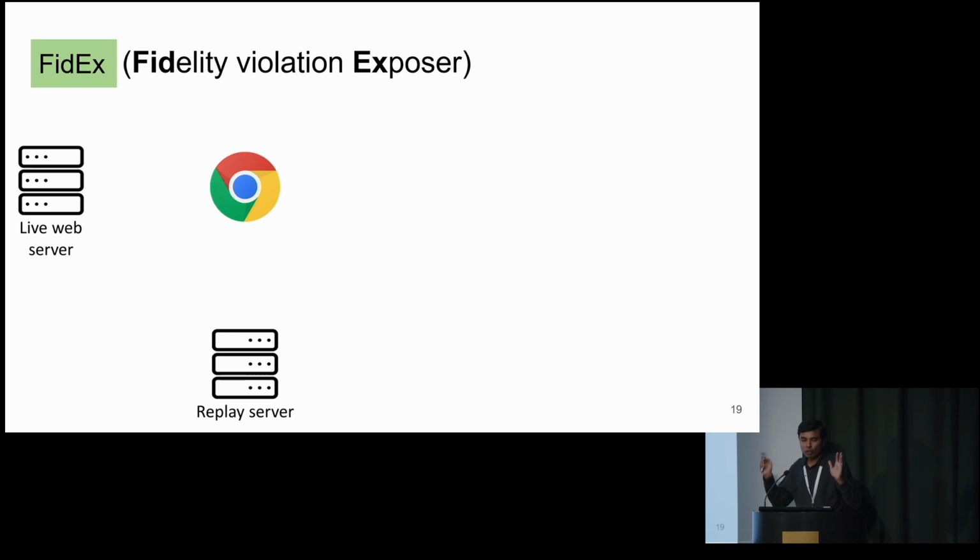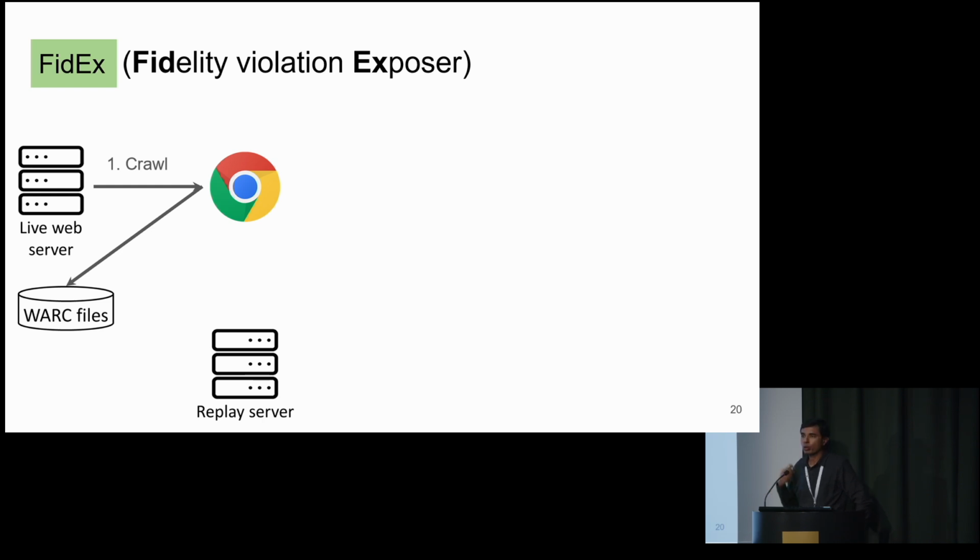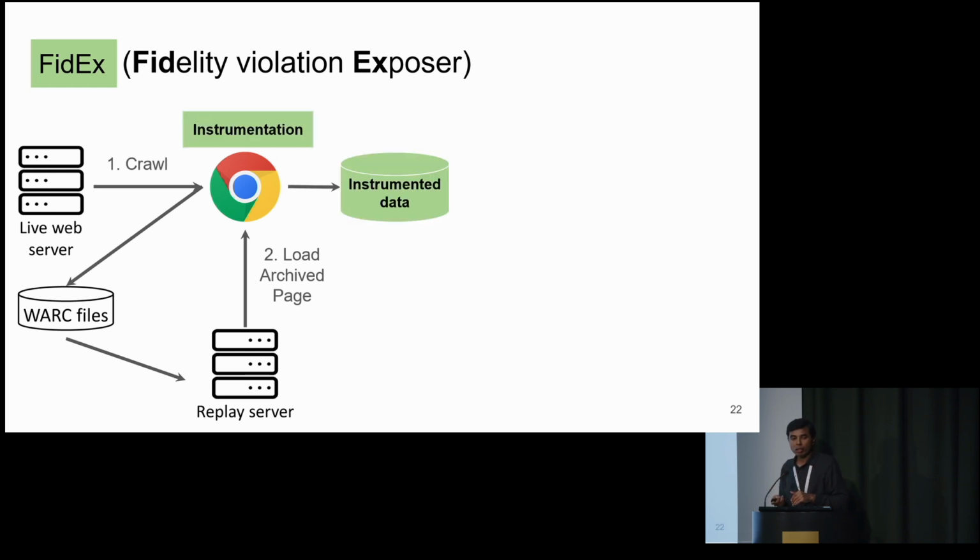This is a high-level overview of how it works. Today, normal QA systems would work as follows: you would archive a page, store the WARC files, load the page again, compare the two, and see if there are any problems. Compared to the standard QA pipeline, we are adding additional instrumentation into the browser, which is executed both when crawling the page and when replaying.